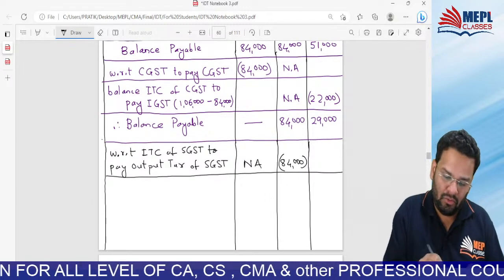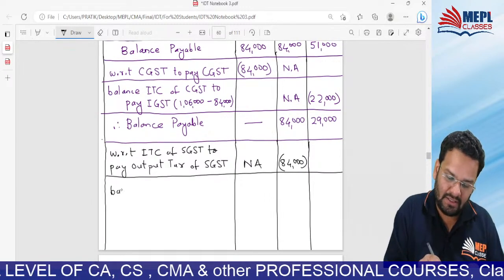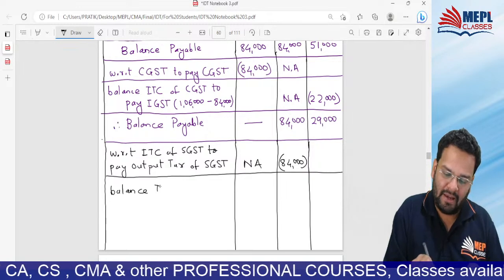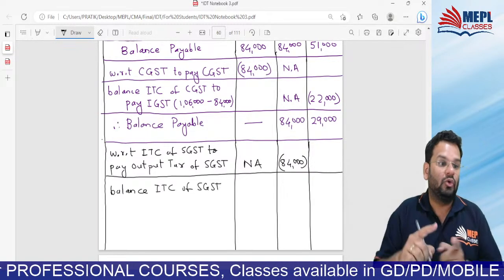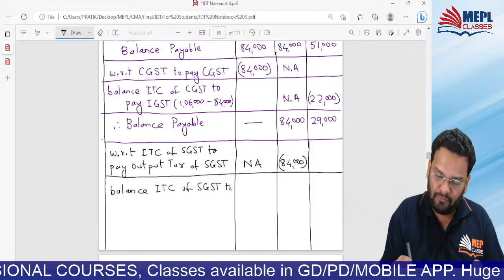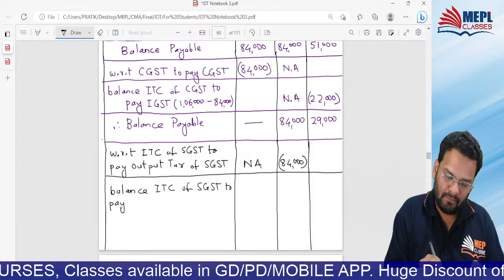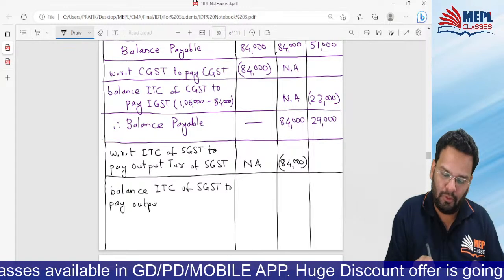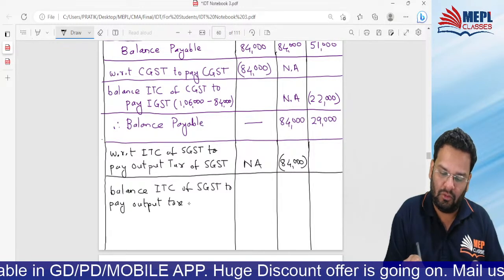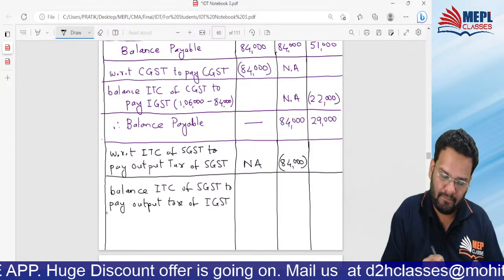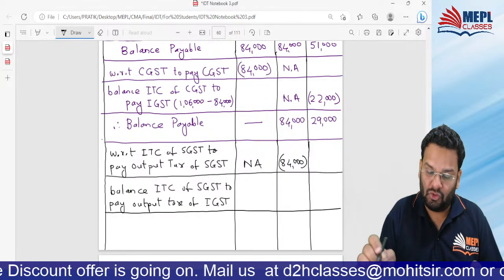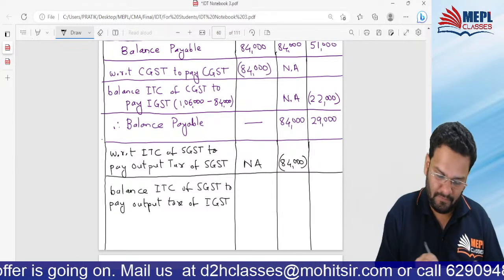Okay, now balance ITC. Balance ITC of SGST to pay output tax of, of course, IGST. So use it.